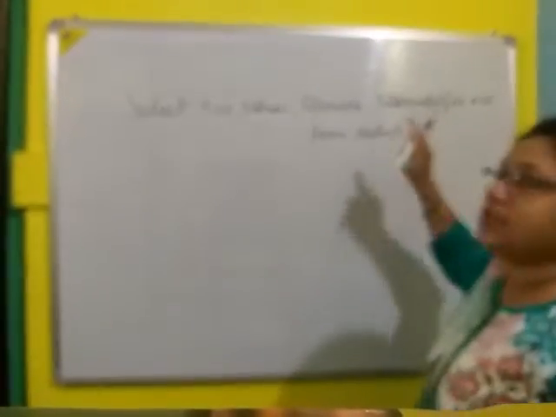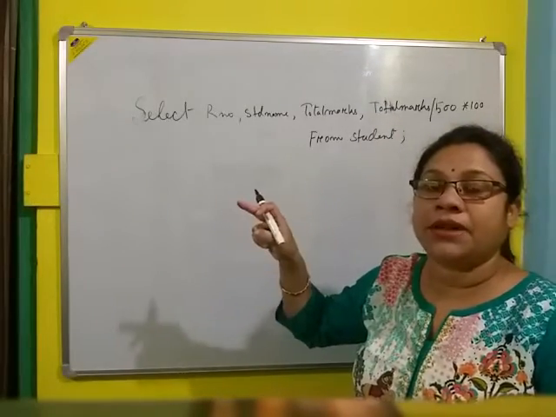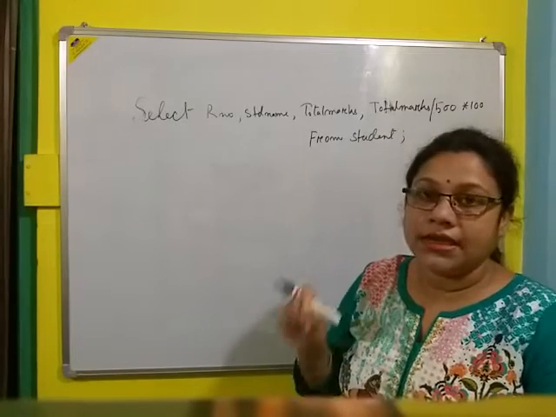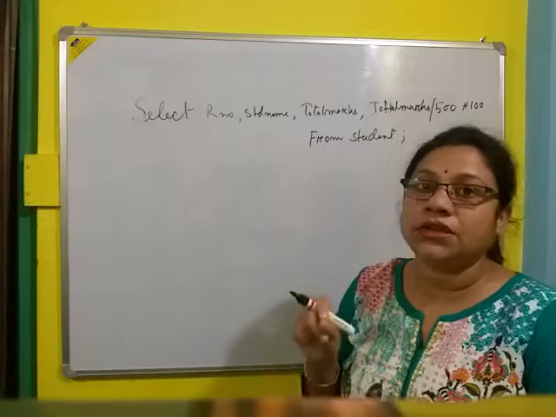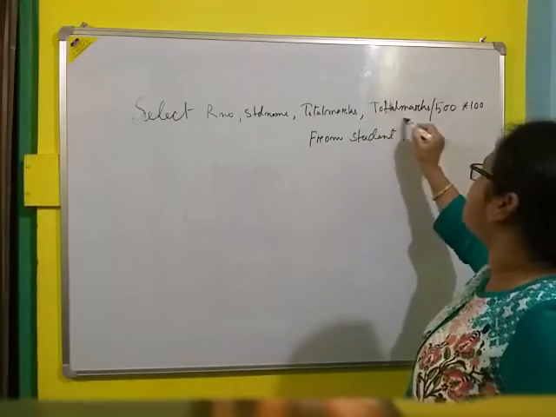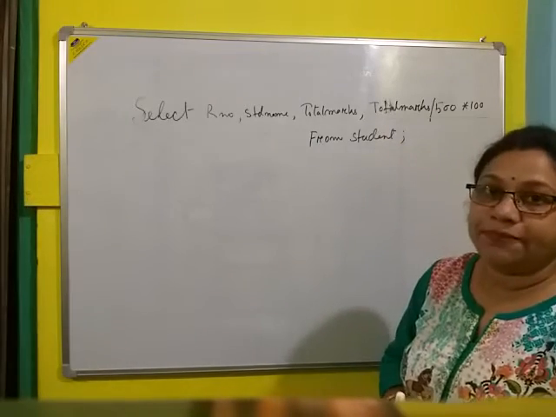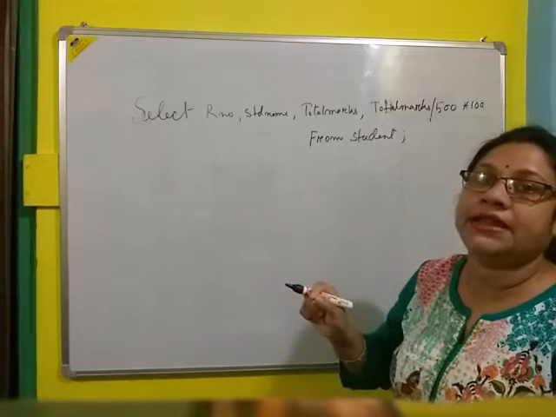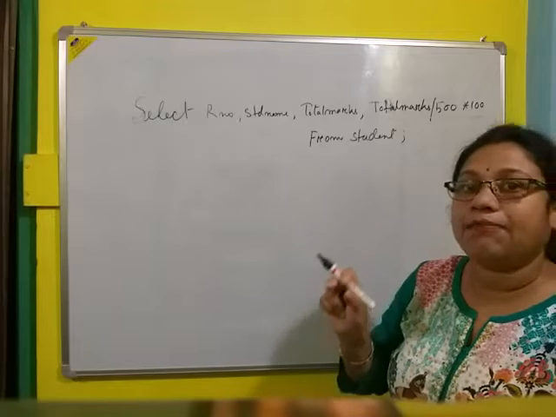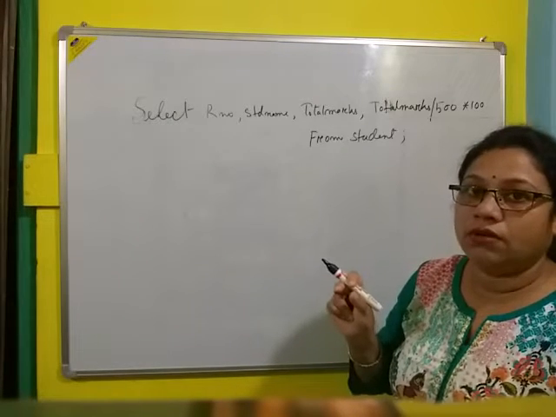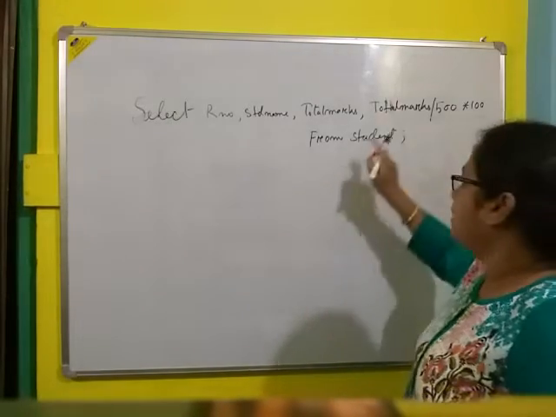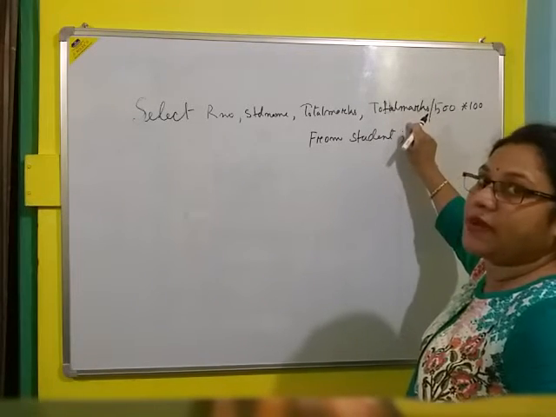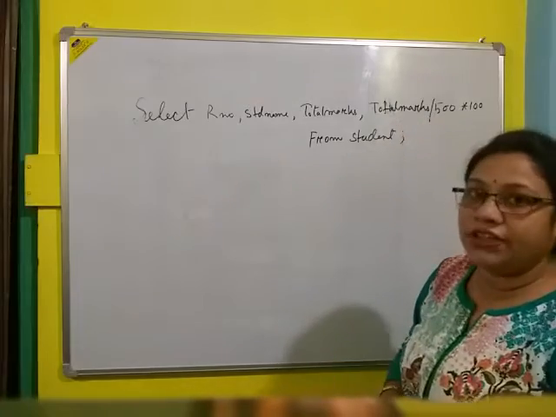Here we are not giving any column name to display the percentage value. Here the computer is going to use this expression as the field name, because we are not giving any field name to display the percentage value of the table. That's why the computer is going to use this expression as the field name.